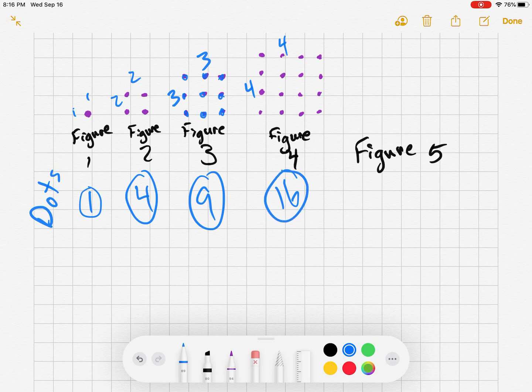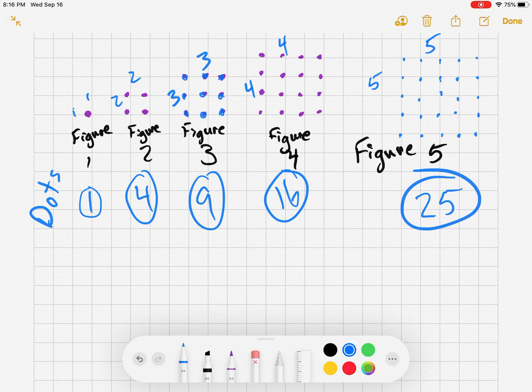So figure 5 must be a 5 by 5, right? And I don't even have to draw the dots, do I? I mean, I could, and fill in all of these dots, and that's fine. But we ultimately want to be more efficient at this.